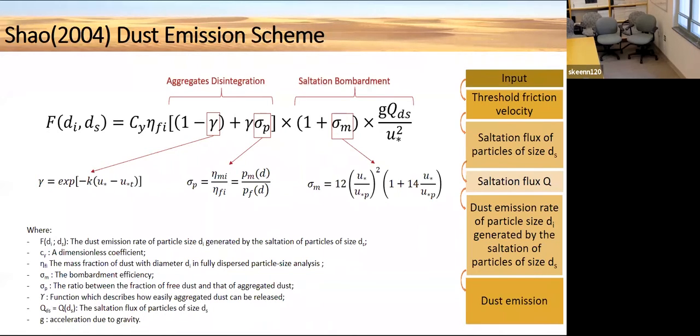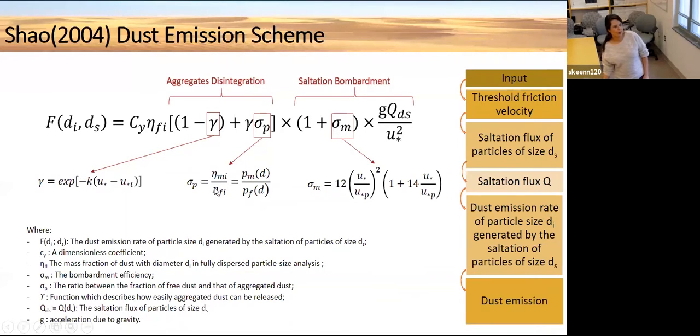These are the three main parameters of Shao's scheme. First one is gamma, the function showing how easily the aggregate dust is going to be released, and then we change the degree of the aggregate disintegration by changing kappa.